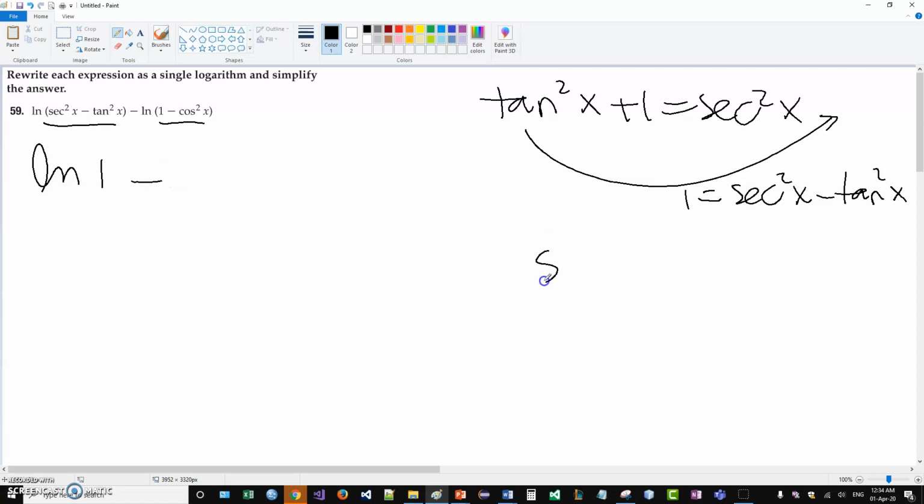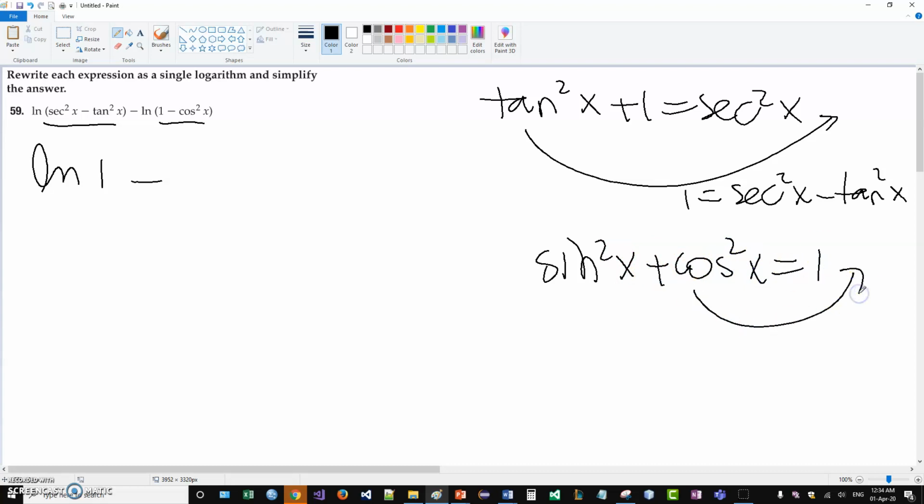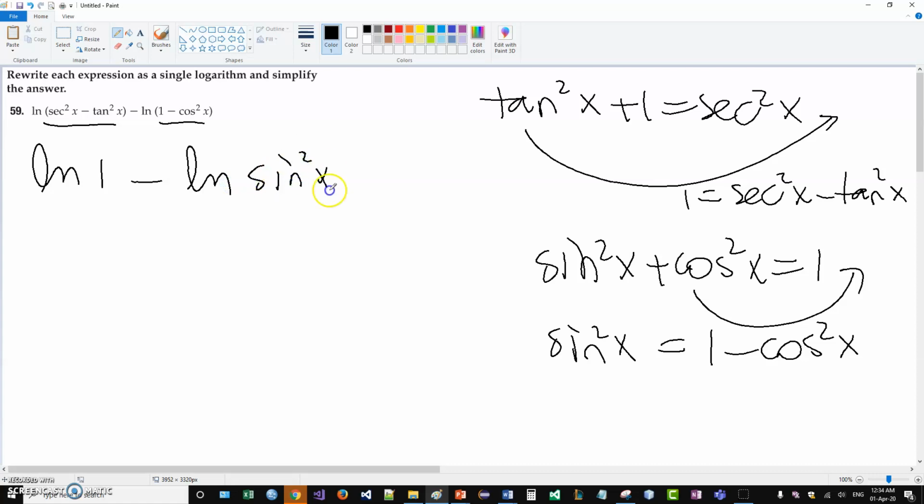Now, sine square x plus cosine square x equals 1. So move this here, 1 minus cosine square x equals sine square x. So this becomes ln sine square x.